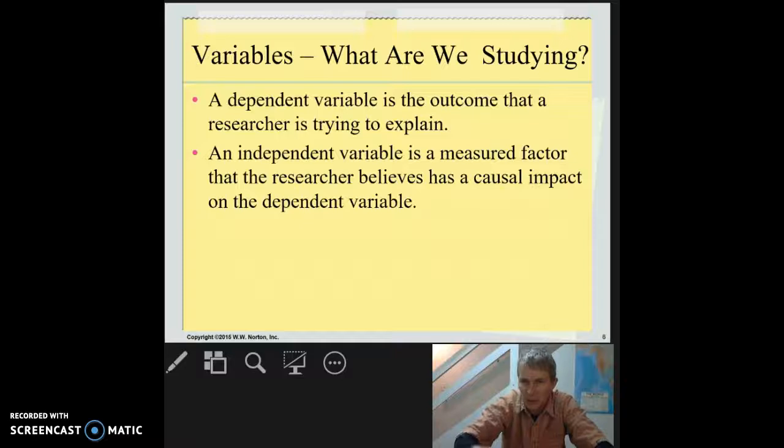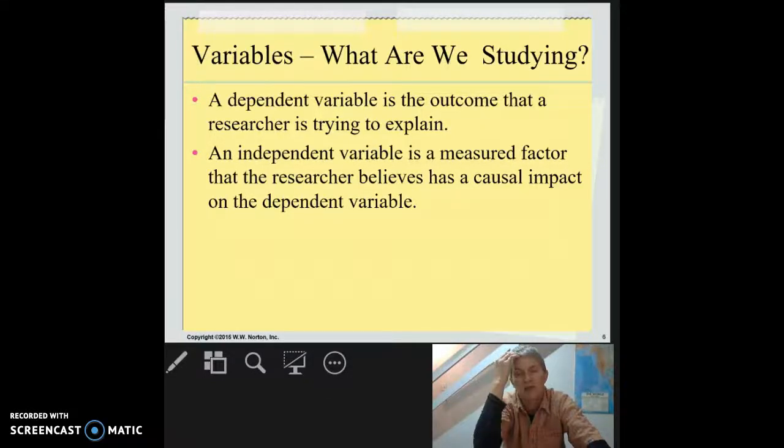A causes B. B is the dependent variable. It's the outcome variable. An independent variable is a measured factor that the researcher believes has a causal impact on the dependent variable. A, in this equation, A causes B. A is the independent variable. B is the dependent variable. And we're postulating that A causes B.